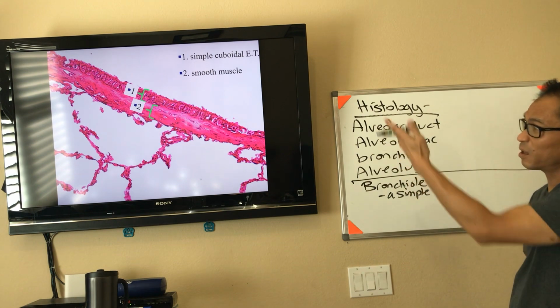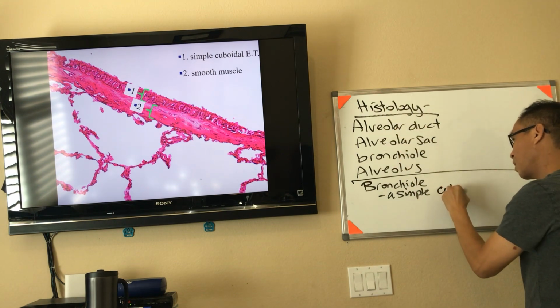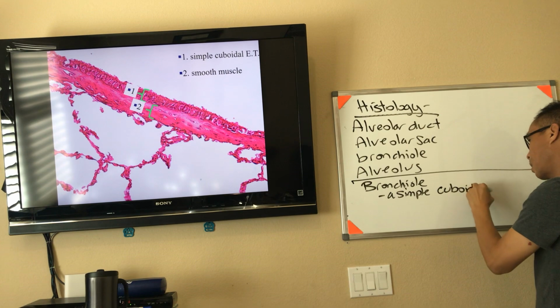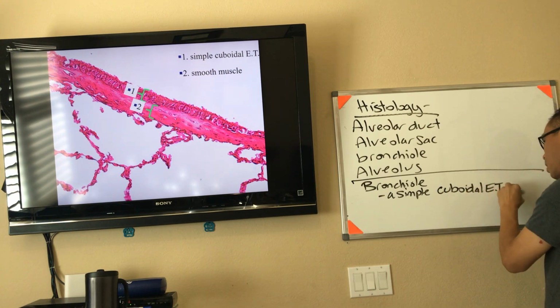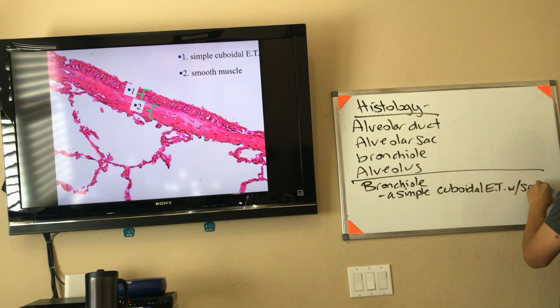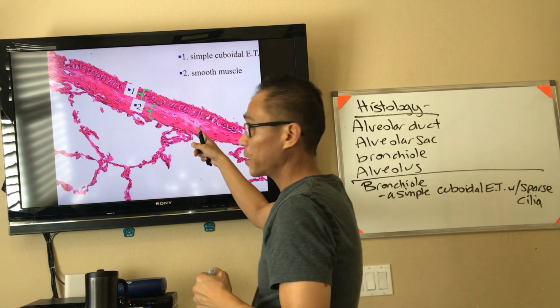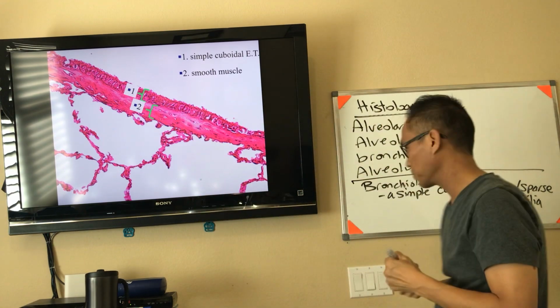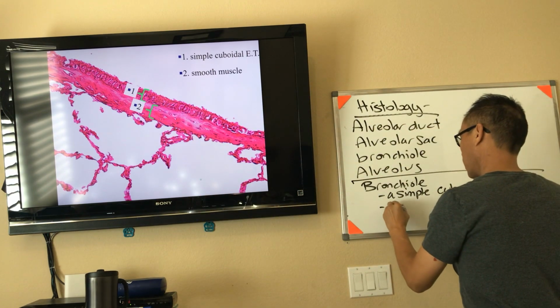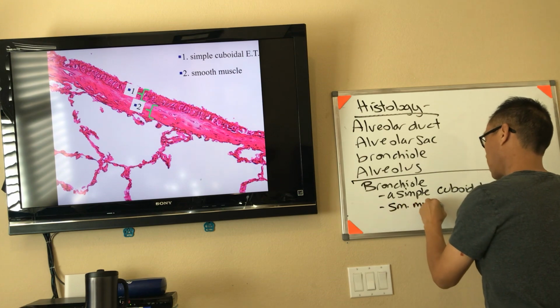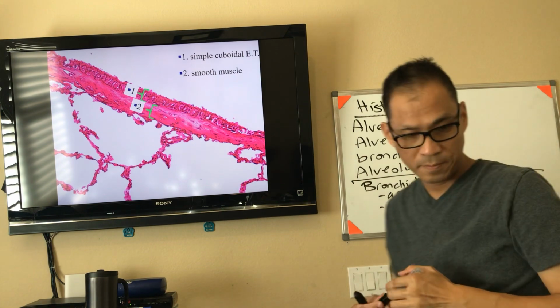It's simple. I'm going to call it simple cuboidal, and add this with sparse cilia. That's usually what we see at this level. And you see a lot of smooth muscle, no cartilage. So note that.